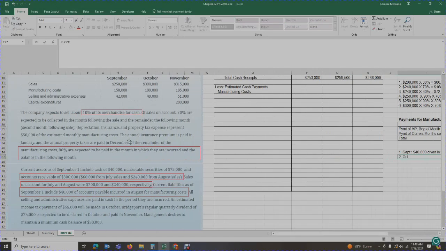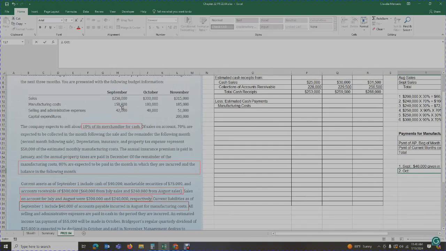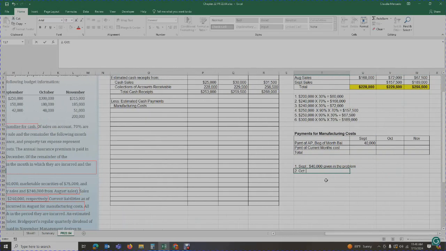In September, we've got manufacturing cost. In October, what is going to be the balance due? The balance due will be the 20% from September. So in October, the payment that needs to be made is the $150,000 minus the $50,000 overhead, multiplied by 20%.